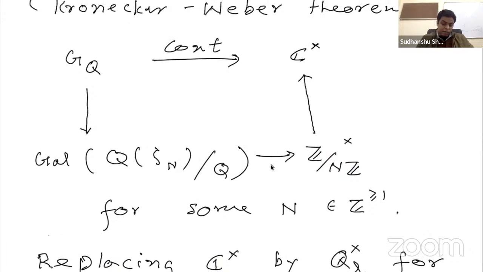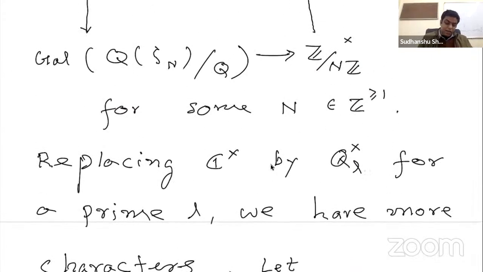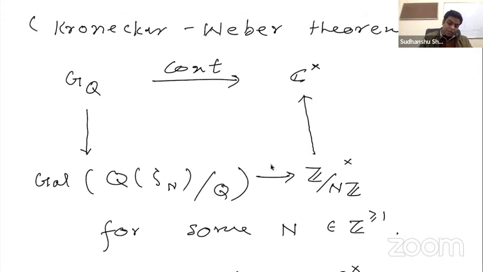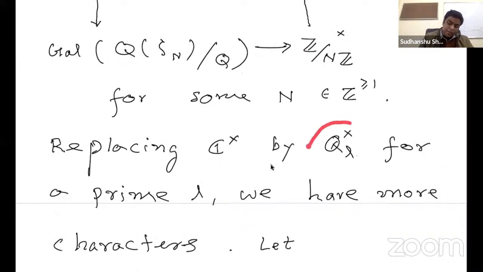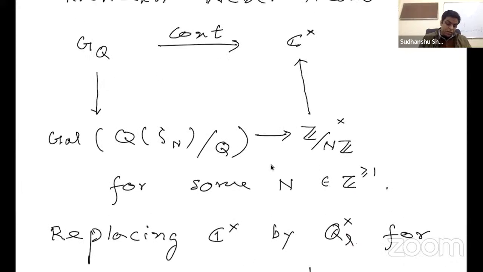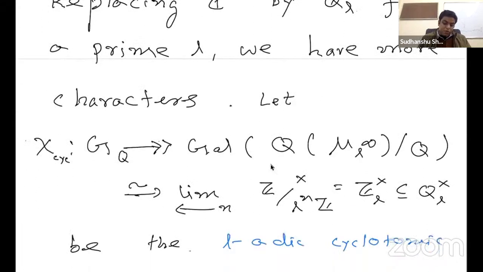Every such character factors through a cyclotomic extension of Q. This is what this diagram describes. These are continuous representations, which is why they factor through a finite extension of Q. But if I replace C star by another field, let's say Q_l star, and continue to assume that the representations are continuous, then we get more representations.